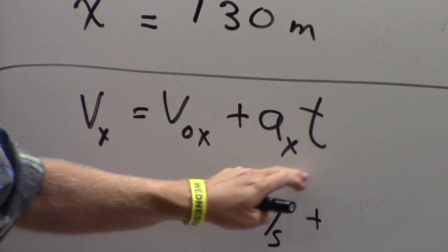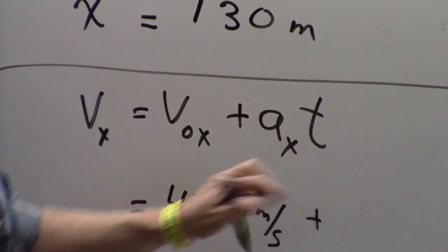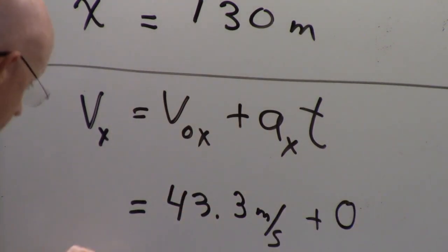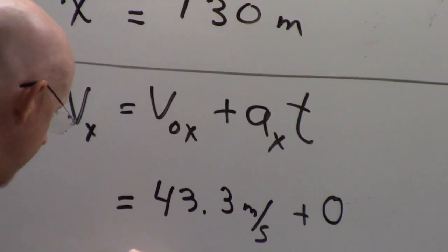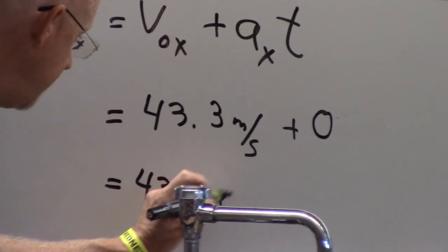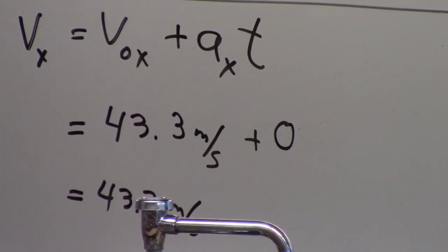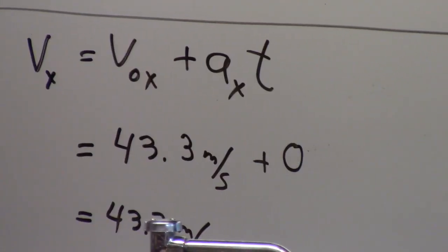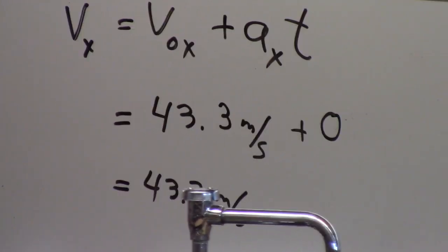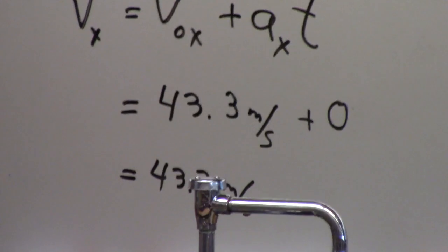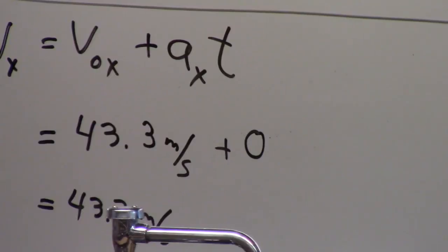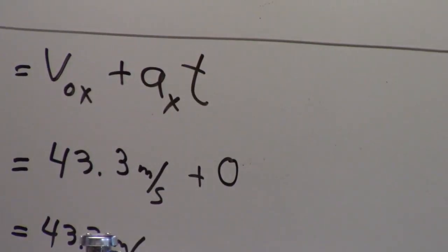And the acceleration in the x direction, help me out again, is 0. And so when we hit the target, the speed in the x direction is still the 43.3. That's the kind of boring one. That's what we meant by no acceleration in the x direction. It starts off with 43.3 and it always has 43.3 in the x direction. It never changes its speed in the x direction. That's what's meant by 0 acceleration.